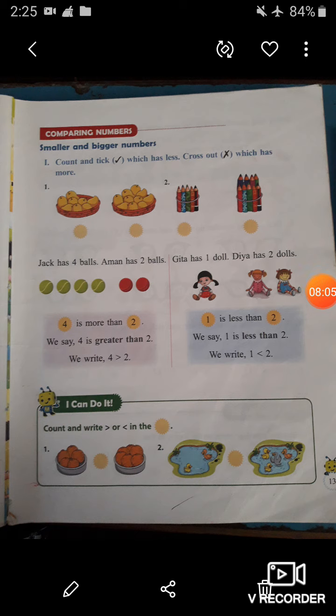So students, here is question number one that I taught you in our previous video. Let's recall this. The first one: count and tick which has less, cross out which has more. In the first basket there are 8 mangoes and in the second there are 10 mangoes.